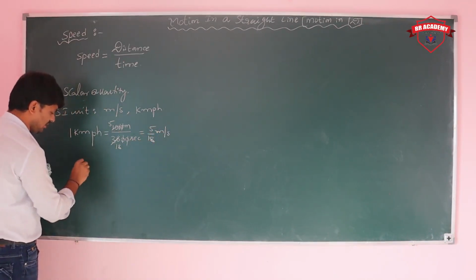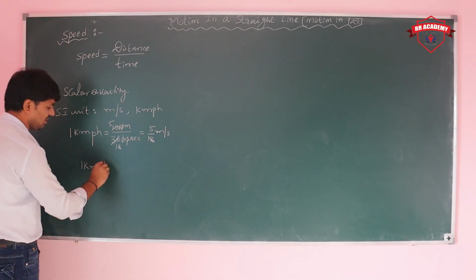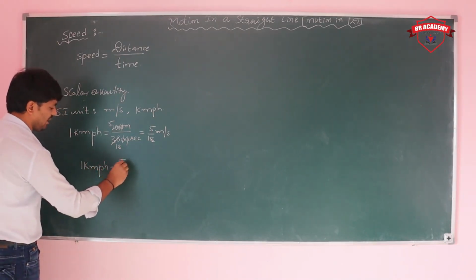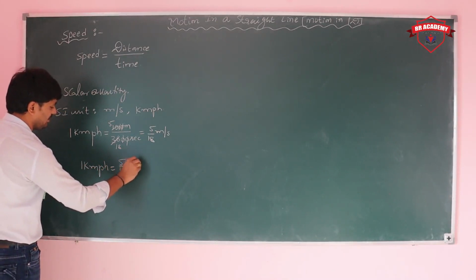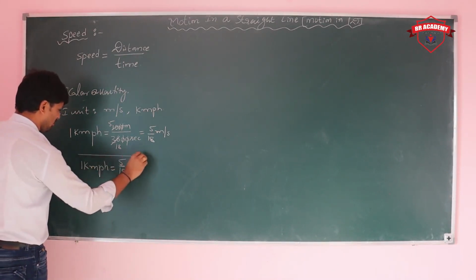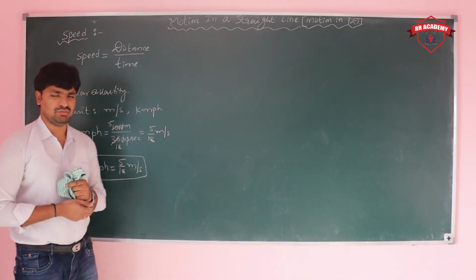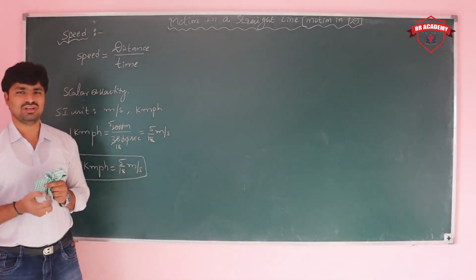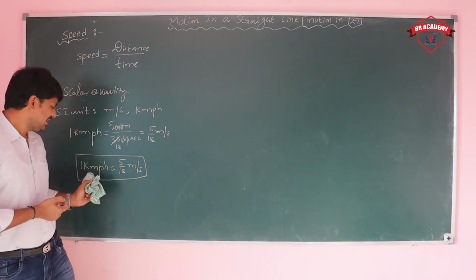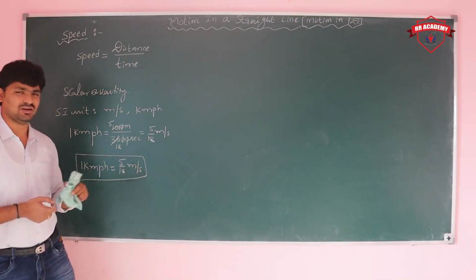So 1 kilometer per hour is equal to 5 by 18 meter per second. That's a small conversion from kilometer per hour to meter per second.